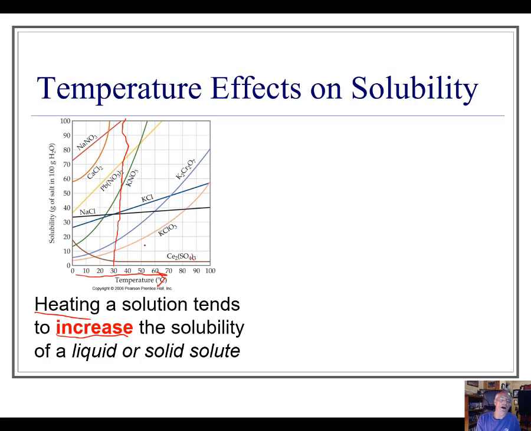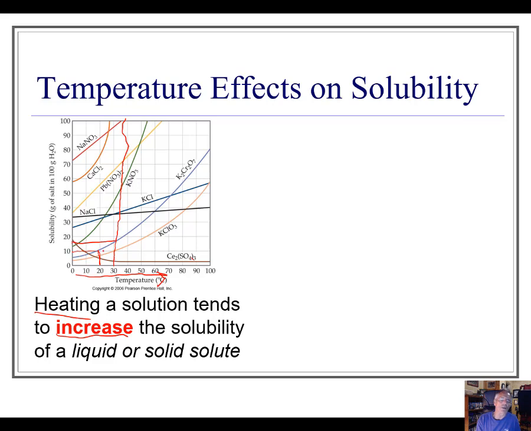So if I were to say, take some potassium dichromate here, and at 30 degrees, I'm able to dissolve, let's say that looks like about 17 or 18 grams of potassium dichromate in 100 grams of water, and then I were to cool that down very, very slowly to, let's say, 20 degrees Celsius, well, technically, only 10 grams of potassium dichromate should be soluble at 20 degrees, but let's say that none of it comes out of solution.